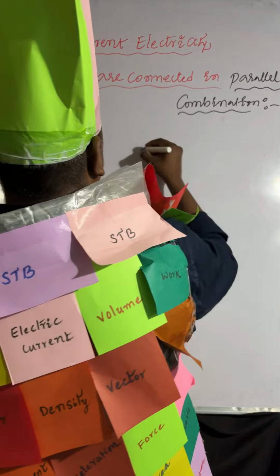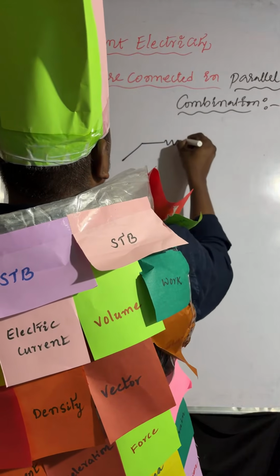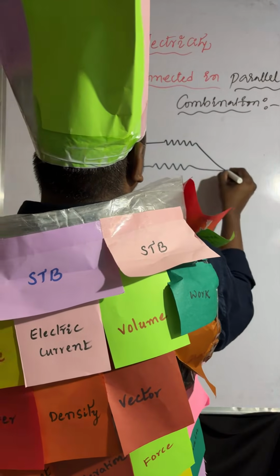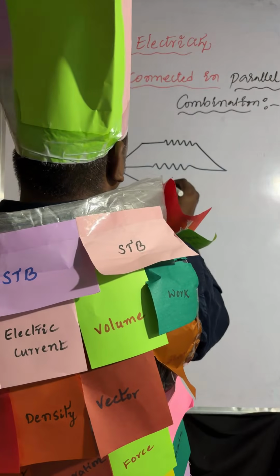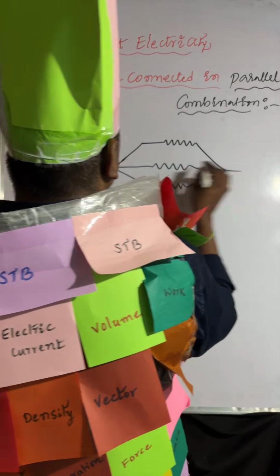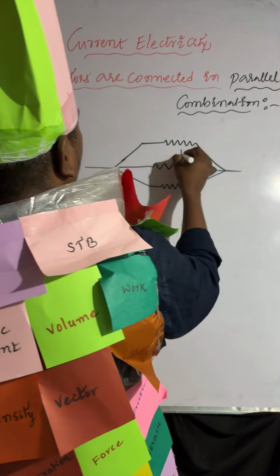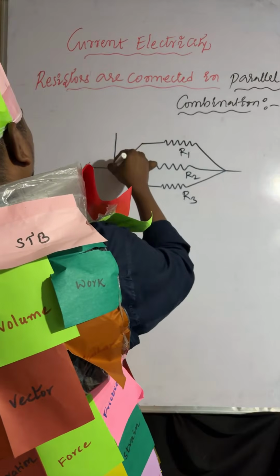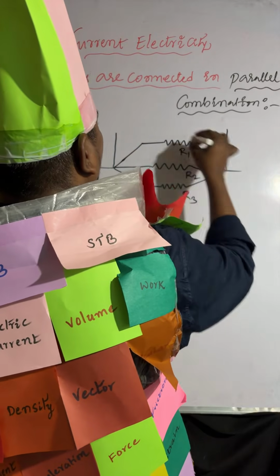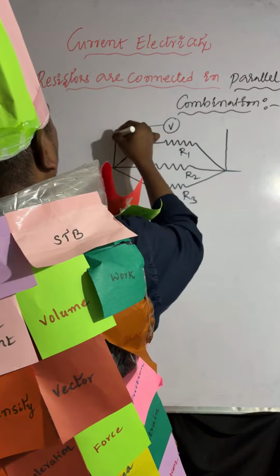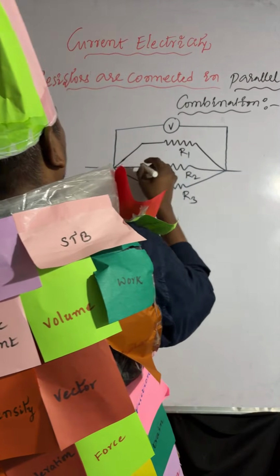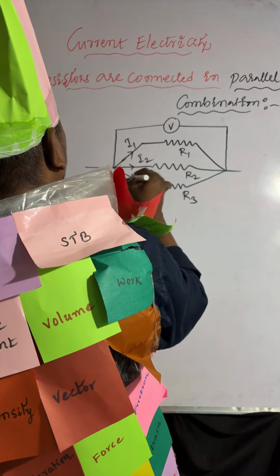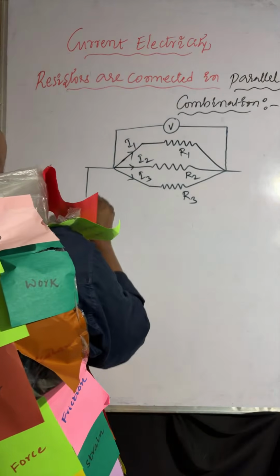Now you can see here, this is R1, R2 and R3. Across R1, R2, R3, I am connecting a potential difference V. So across R1, I1, across R2, I2 and across R3, I3.